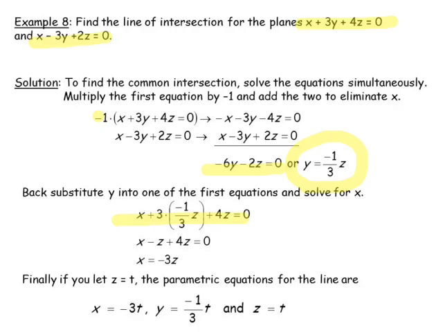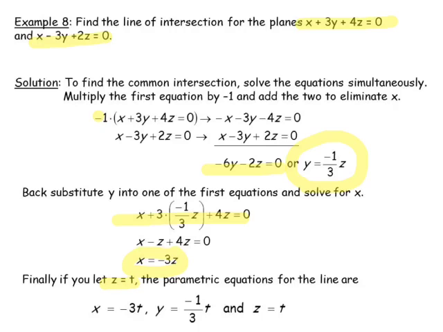I plugged this -1/3 z in for y, combined like terms, and solved for x, so now I have x in terms of z as well. So you see I have two variables that are in terms of the third variable. Whatever variable you have in common with these two, y is in terms of z and x is in terms of z, I'm going to say z is going to be my t.